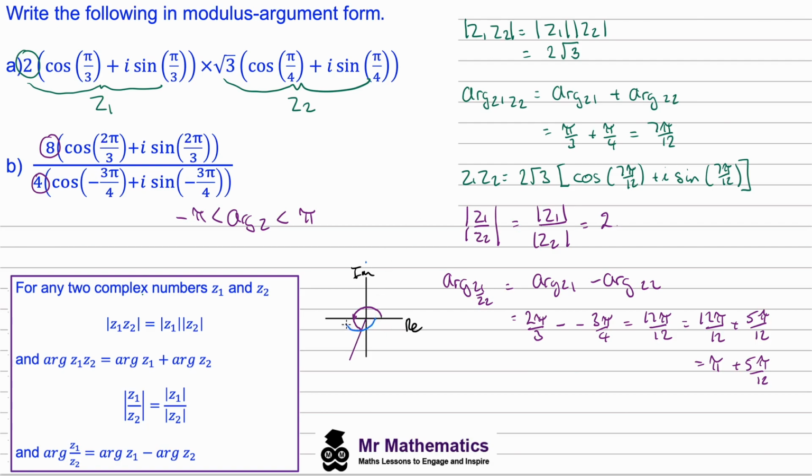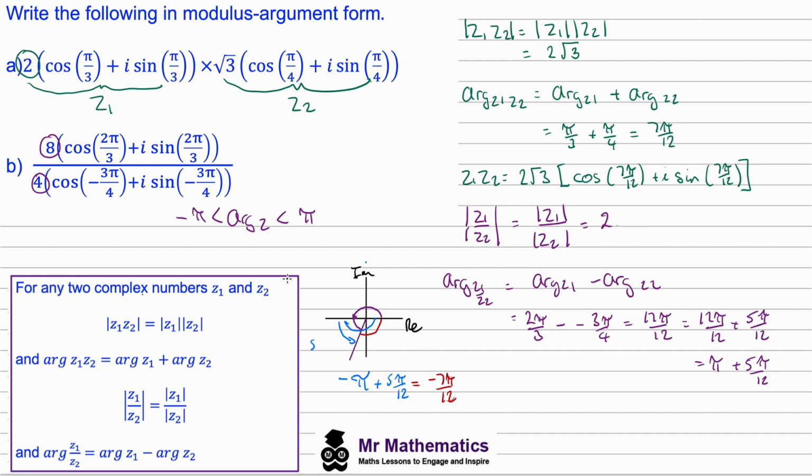So we know this will be negative pi. Then we're adding back on this 5 pi over 12. So this angle will be negative pi plus 5 pi over 12. That'll be negative 7 pi over 12.